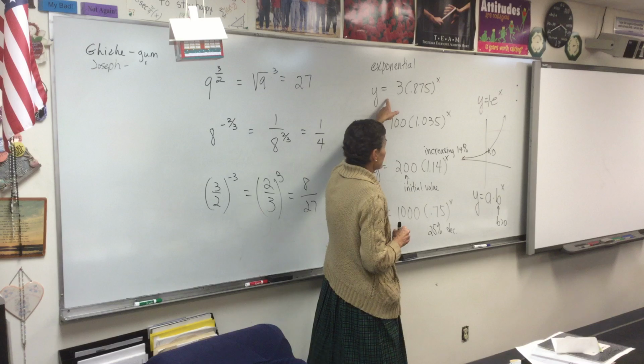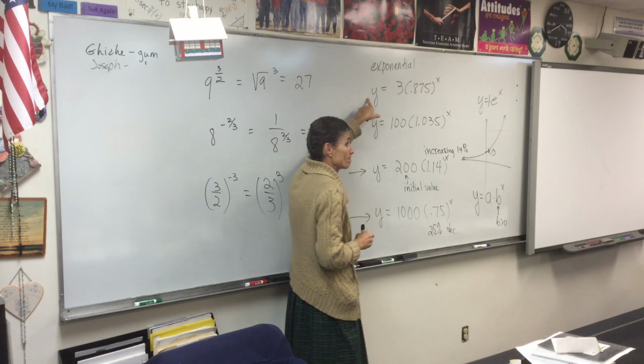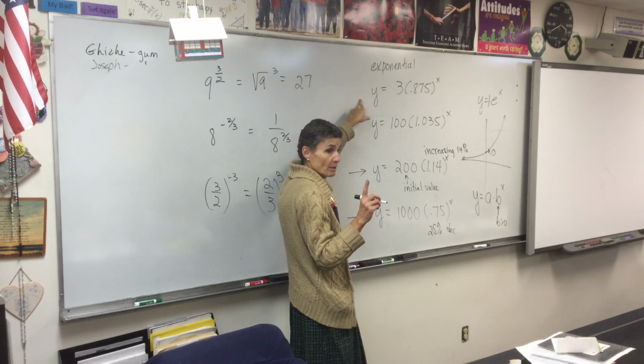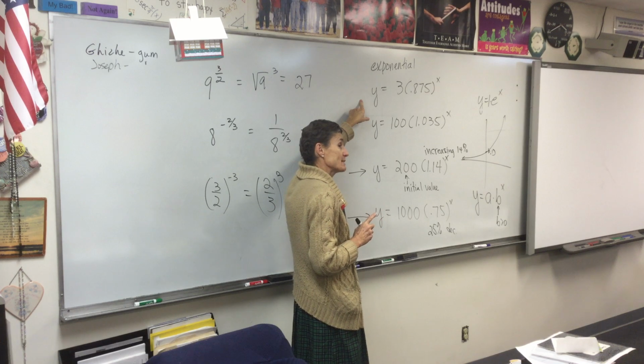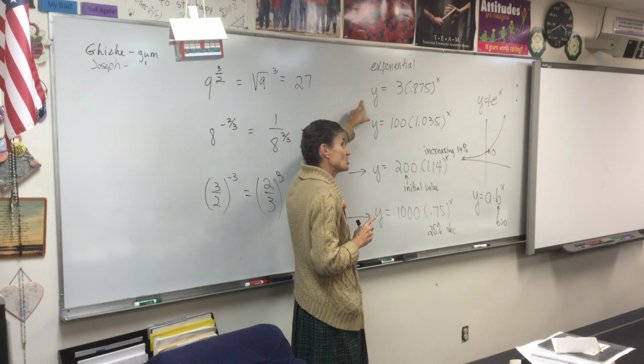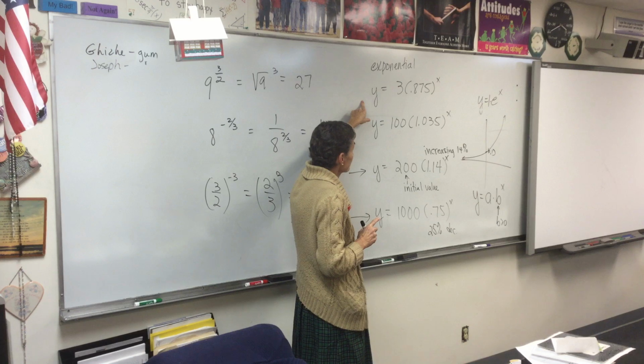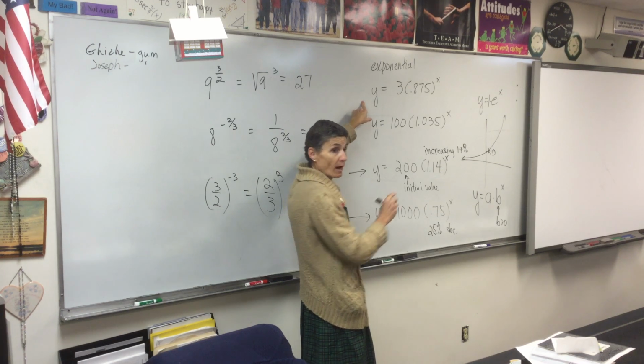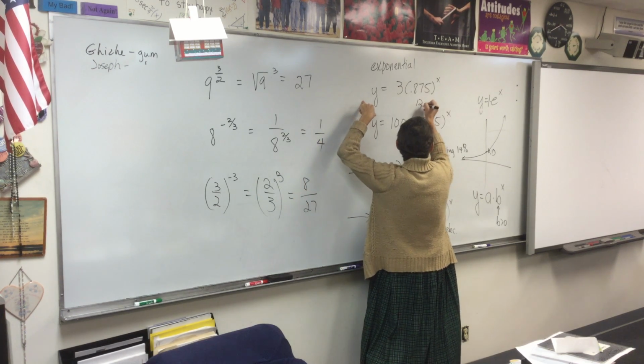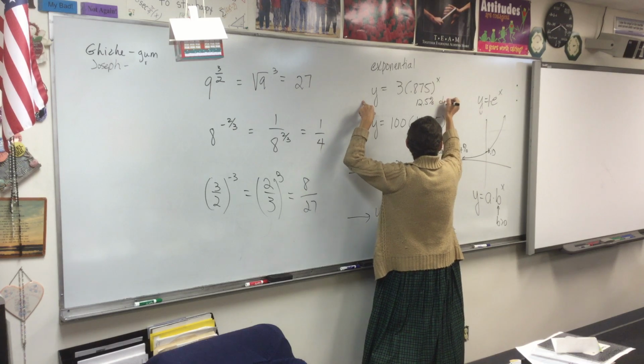All right, let's come up here. What's this one? What's going on here? Decrease. It's a decrease. What is the percentage decrease? How much is it going down by? 0.125, which would be a 12.5% decrease.